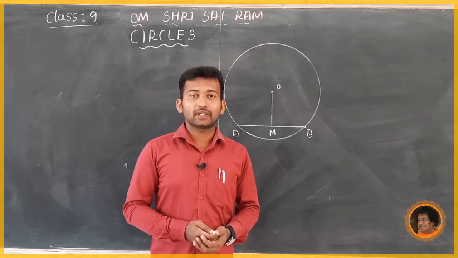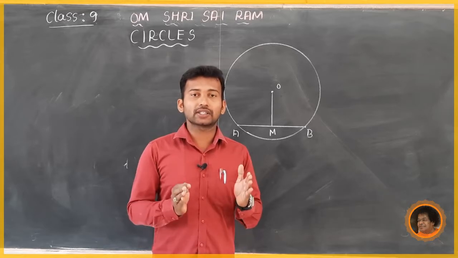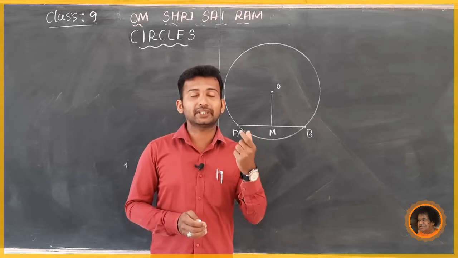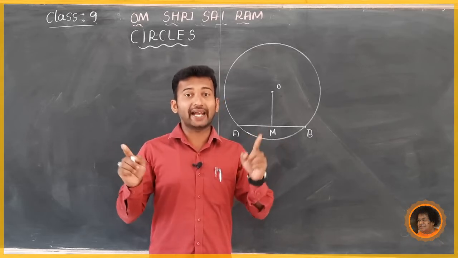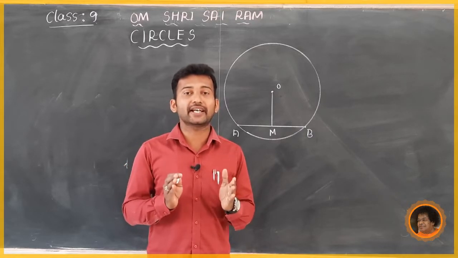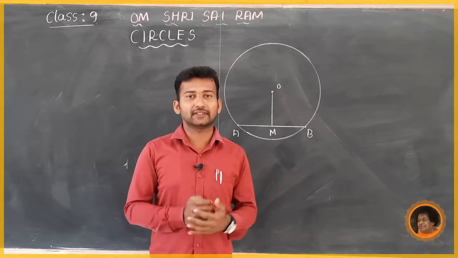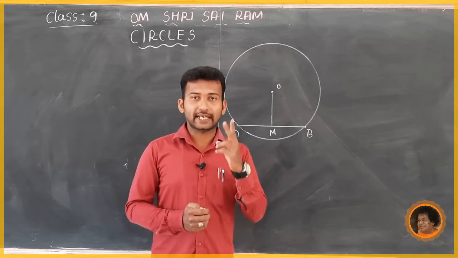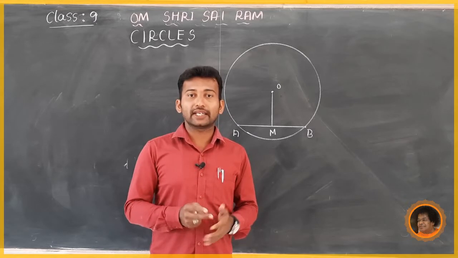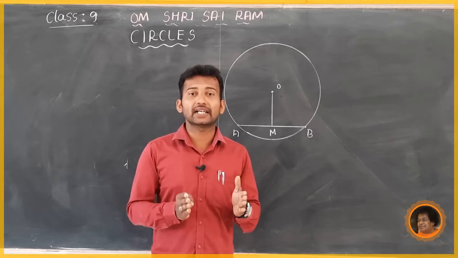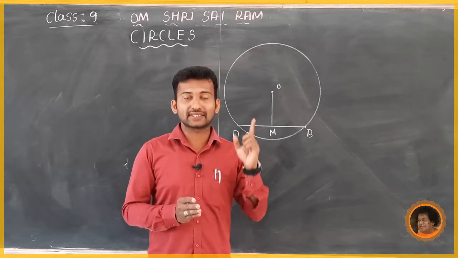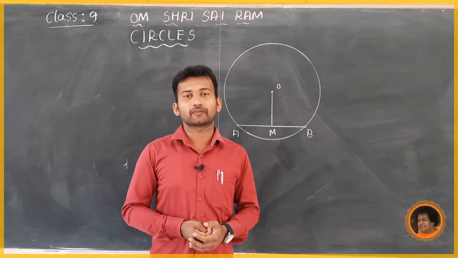If the chords are different, the angle subtended by the longer chord at the center O is greater than the angle subtended by the smaller chord at the center. Second, if two chords in a circle are equal, the angles subtended by them at the center are also equal.